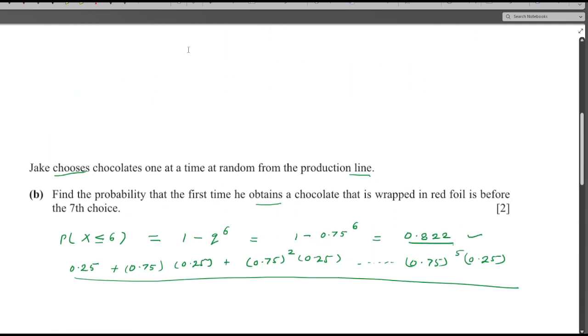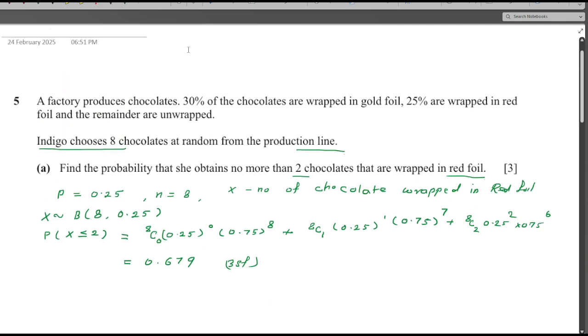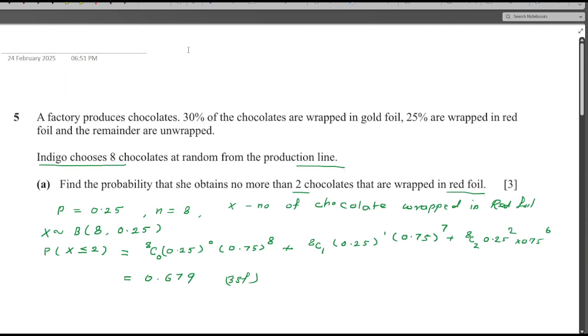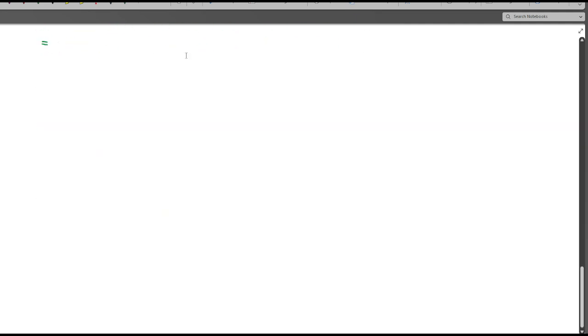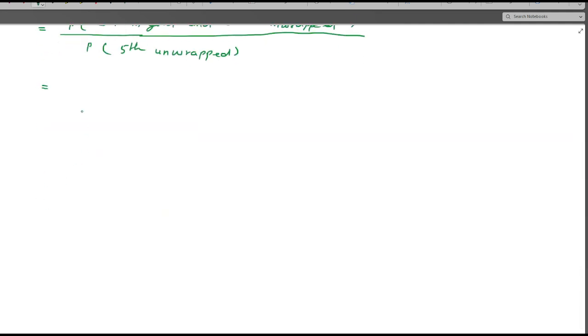Now the probability of wrapping in red foil is 0.25 and in gold foil is 0.3. So wrapping in red is 0.25, then second in gold, so it is 0.3. Then the third one could be either gold or wrapped in red.